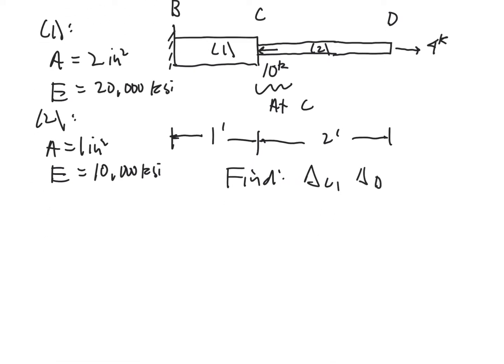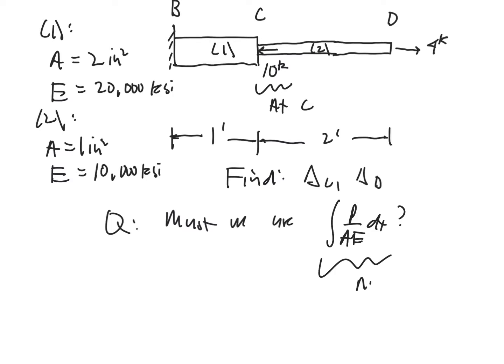Now, one thing you have to watch for is when do you get to use PL over AE versus the integral statement. So, question, must we use the integral of P over AE dx? Because what we said was we can only use PL over AE if everything is a constant. But in this case, we don't have to use this. Must we use this?